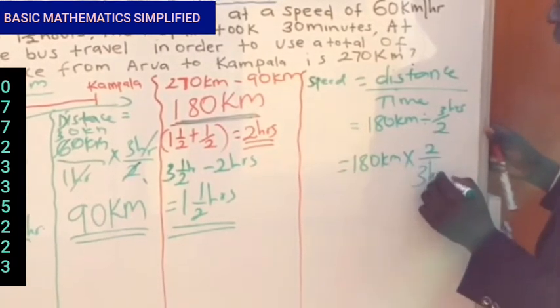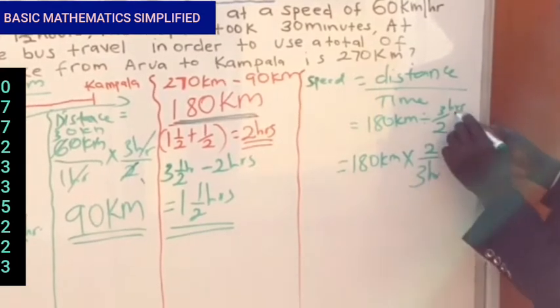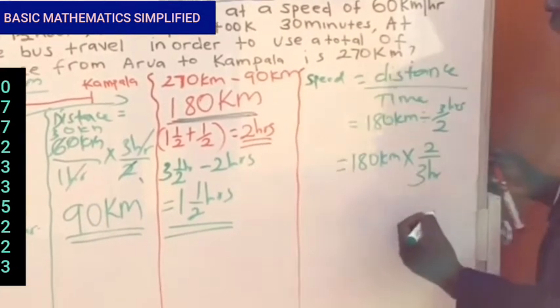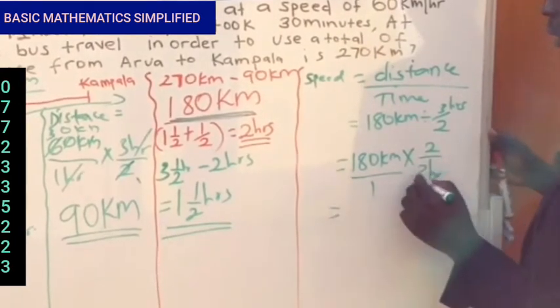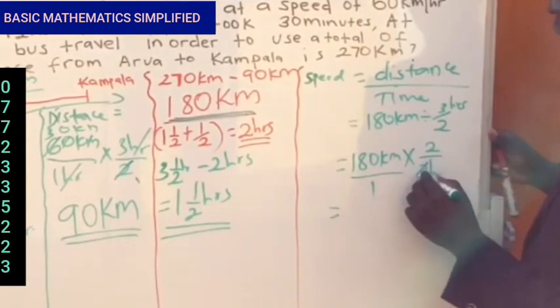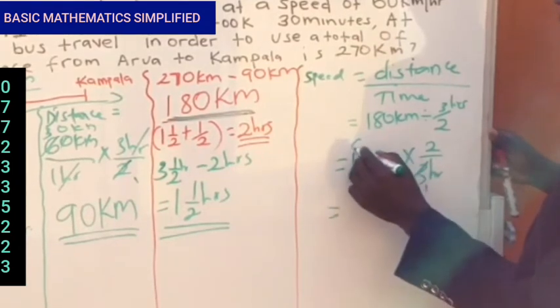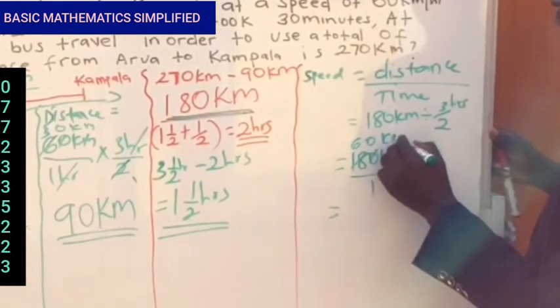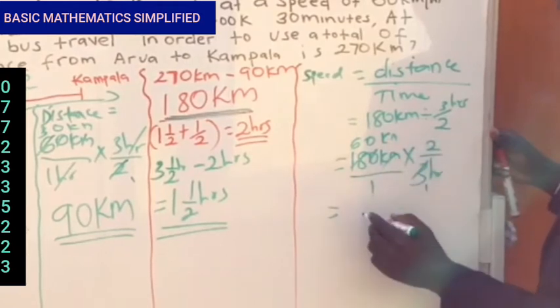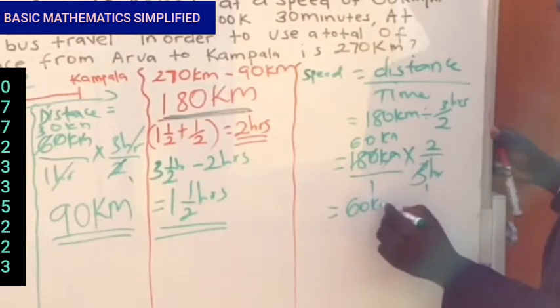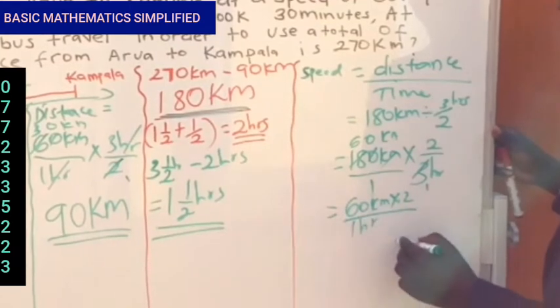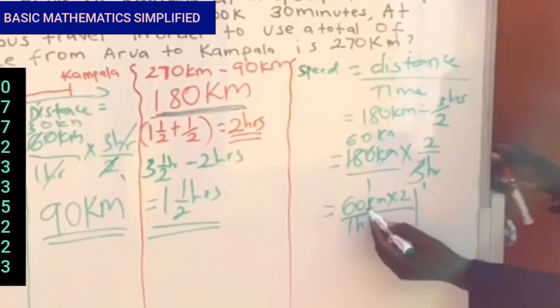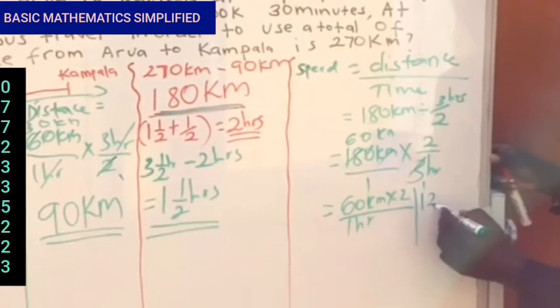Remember, it is the numerator that will come down, such that if you have here a denominator of 1, you divide 180 by 3, which gives 60. So you have 60 kilometers times 2 out of 1 hour. This gives you 60 times 2, which is 120 kilometers out of 1 hour.